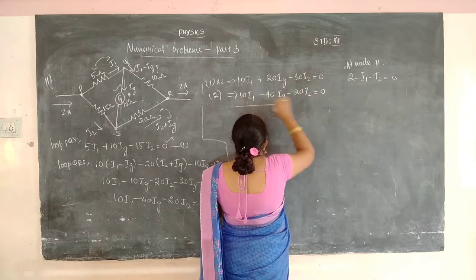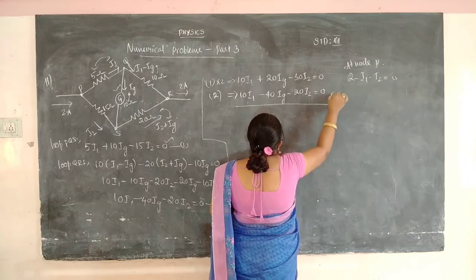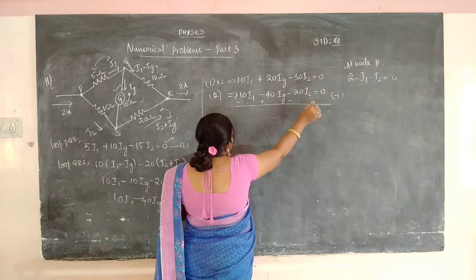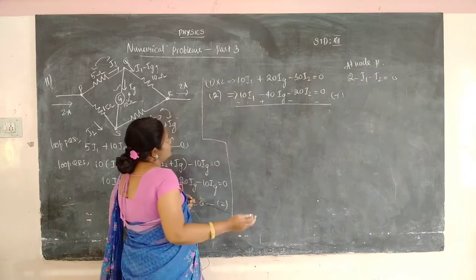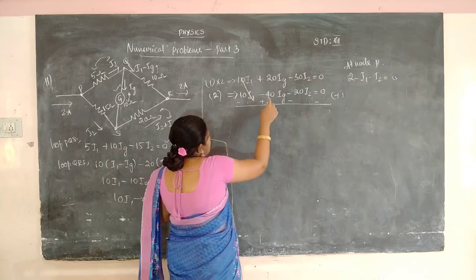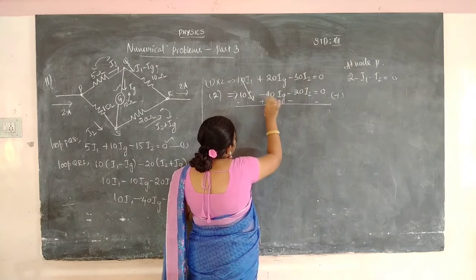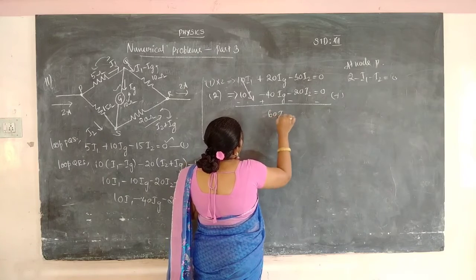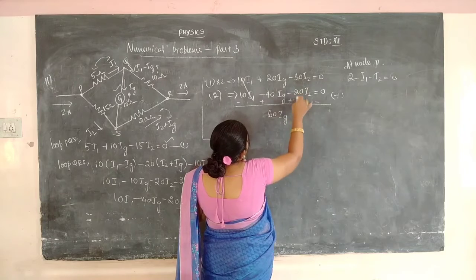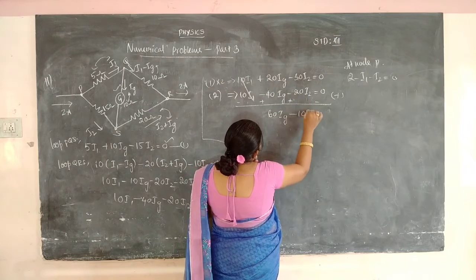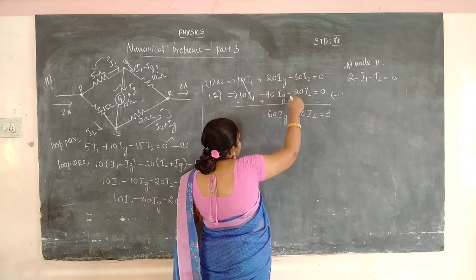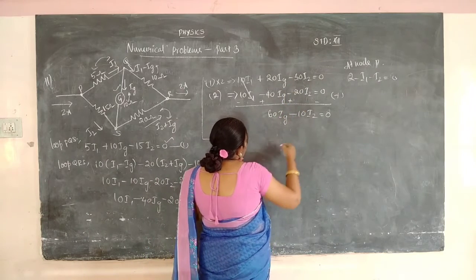So we are subtracting the two equations, so change the sign. 10 I1 and 10 I1 cancel, and 20 plus 40 gives 60 IG, and minus 30 plus 20 gives minus 10 I2, is equal to 0.